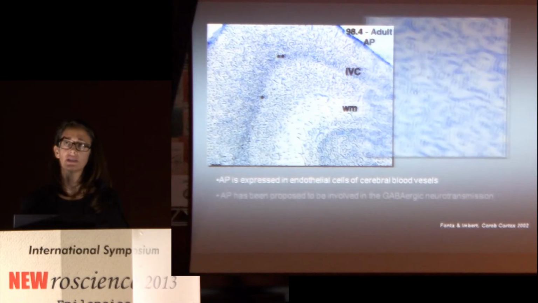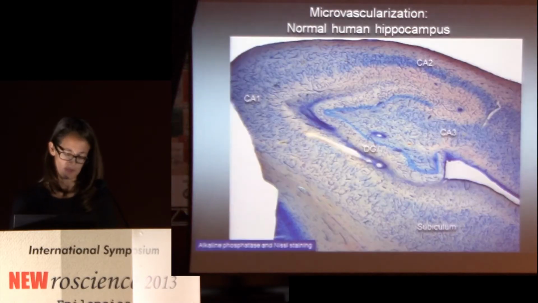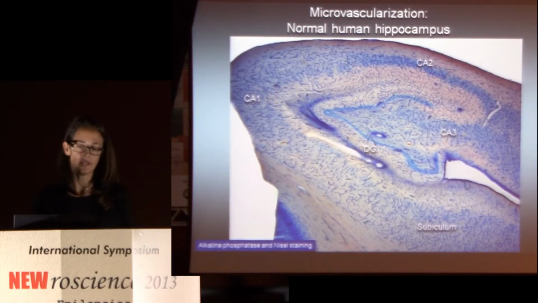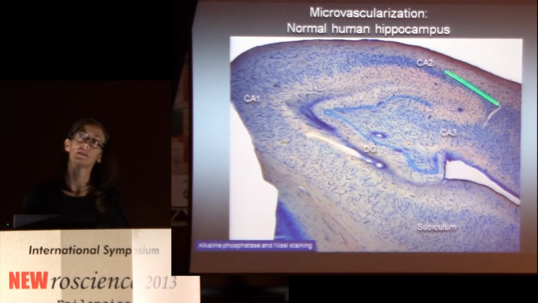We did a specific study of the blood vessels, and we used the alkaline phosphatase enzyme, which is expressed in endothelial cells of several blood vessels. This enzyme is located in all the regions of the brain, and it has also been proposed to be involved in GABAergic neurotransmission. When we use this staining in the normal human hippocampus, we can see the staining is distributed in all the regions.